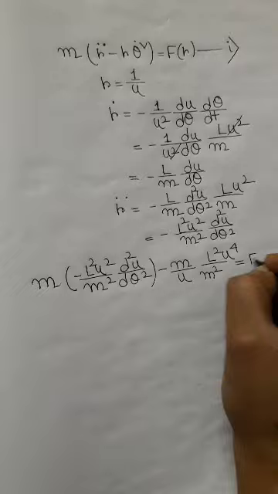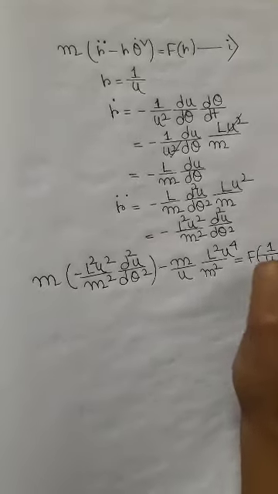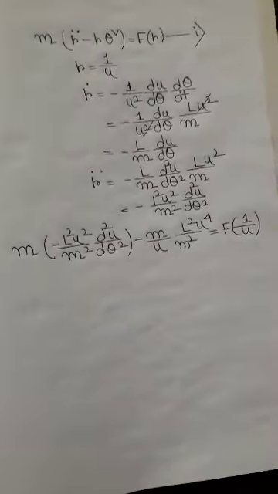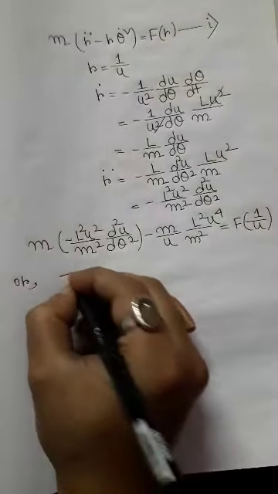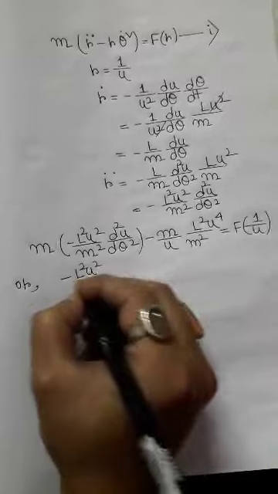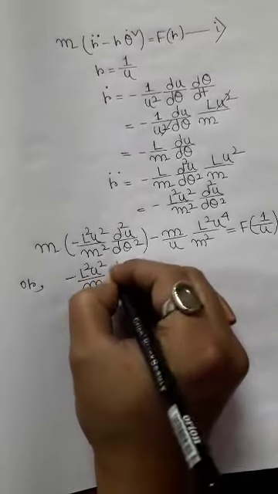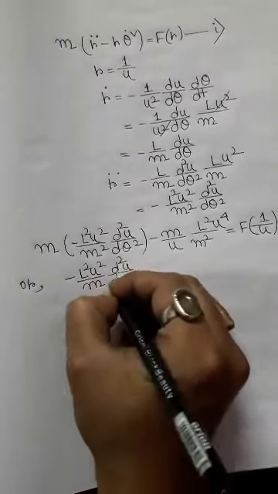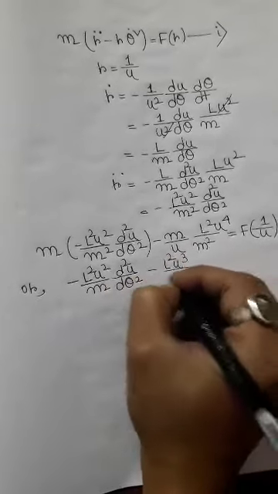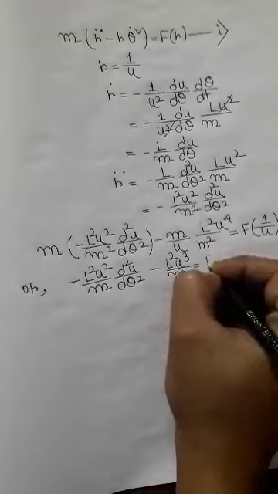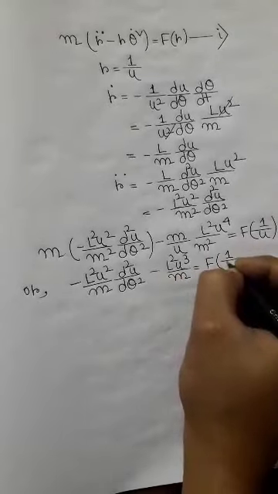So this is f of 1 by u. Now if we simplify it, we get minus L square u square by m into d2u d theta 2 minus L square u cube by m is equal to f of 1 by u.